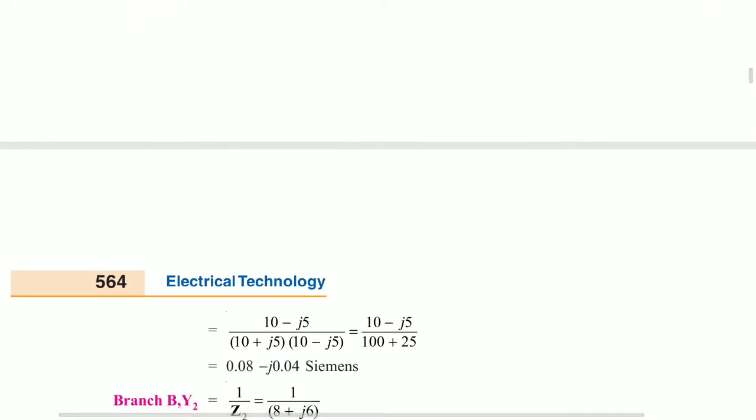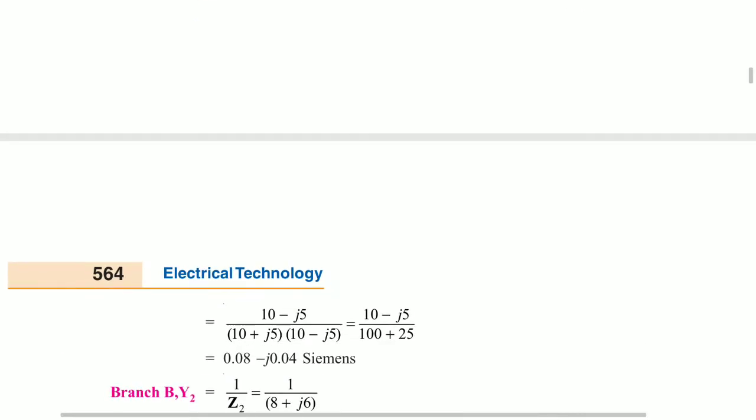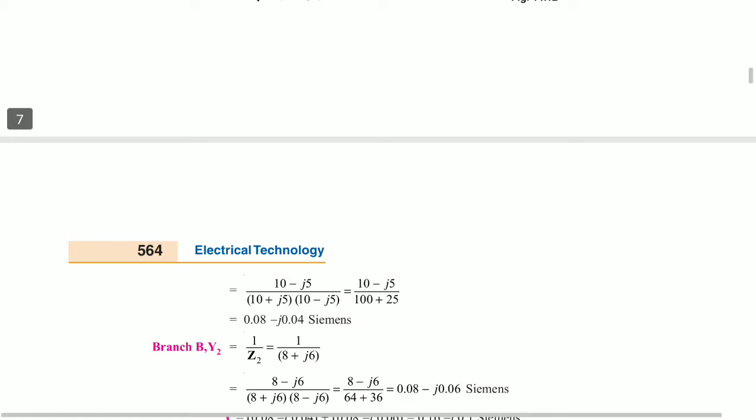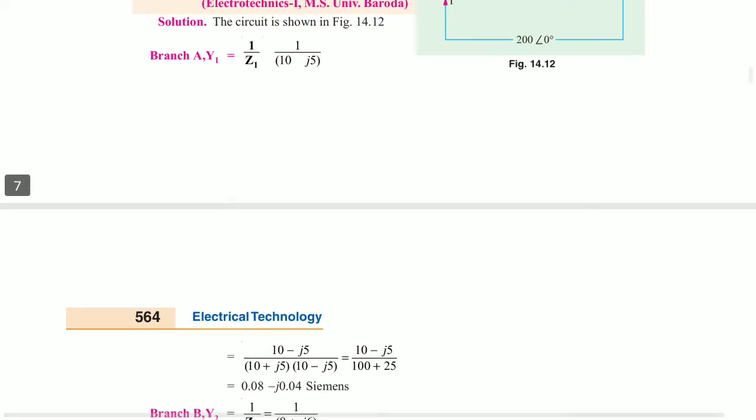Here numerator and denominator are multiplied with 10 minus J5.